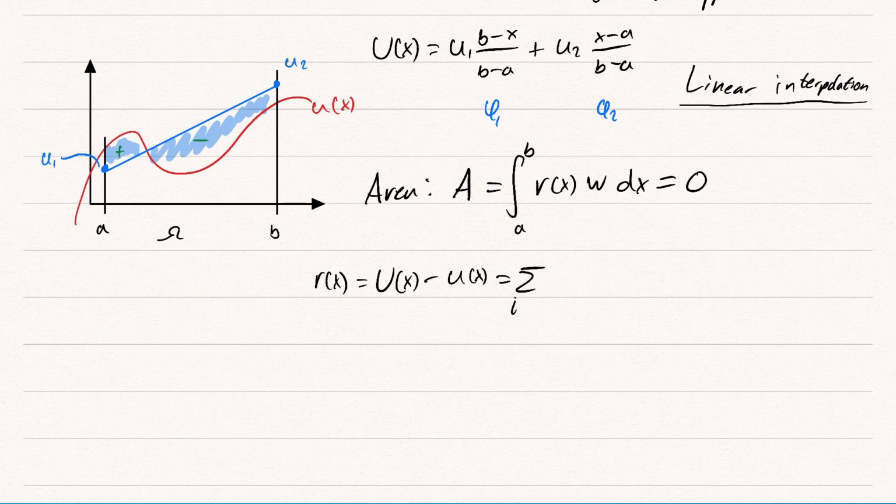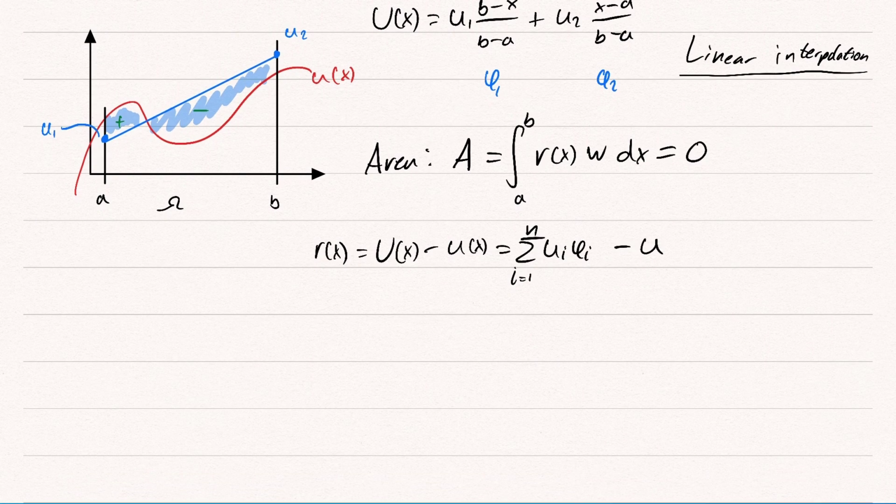It's the sum of i equal to 1 to n u_i phi_i minus u, right? Just omitting the x part here, just to make it a little bit cleaner.